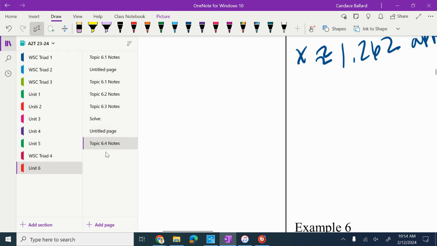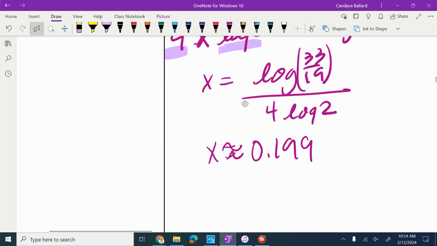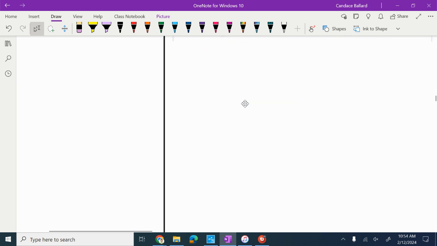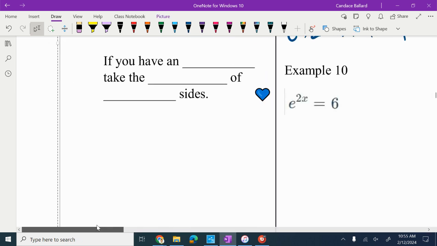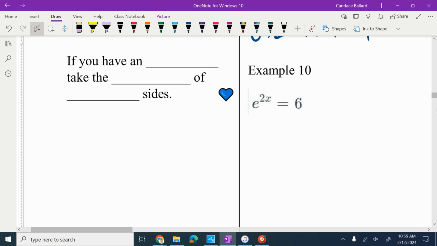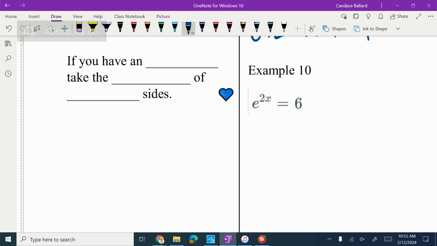Let's do, so we're going to come down to, we were working on example. We should be up to example number 10. So this is our blue heart examples right here. If you're coding with me, those are blue heart ones. If you have an E in the left-hand column, you take the natural log of both sides.